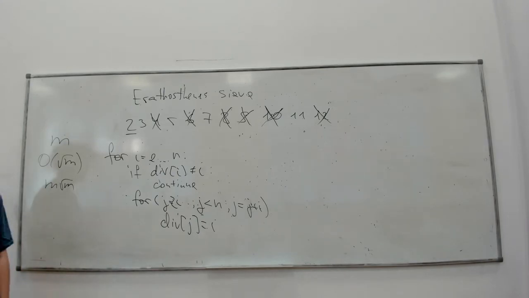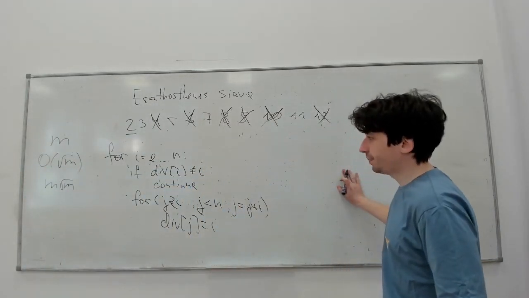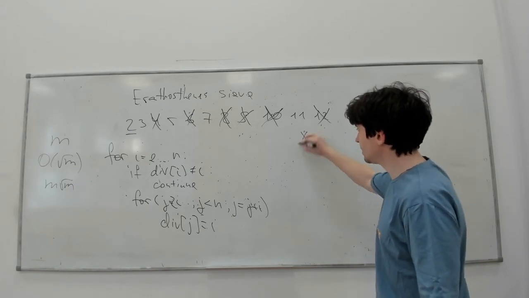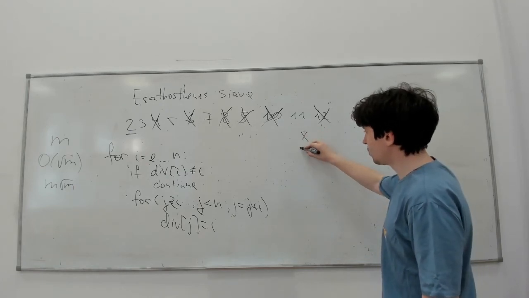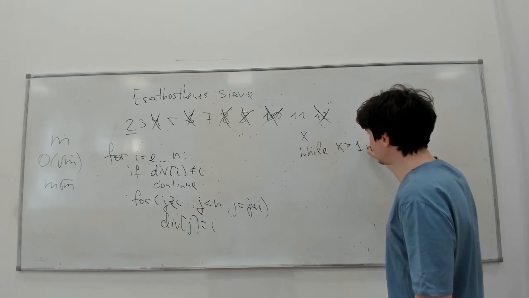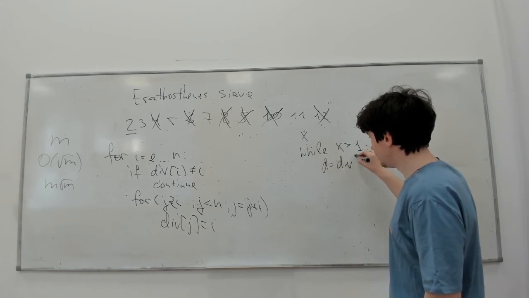Okay, so given this array, we can restore the factorization, because you are given x, and then while x is bigger than 1, you take divisor div x.